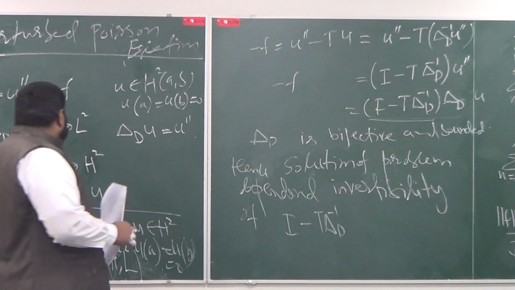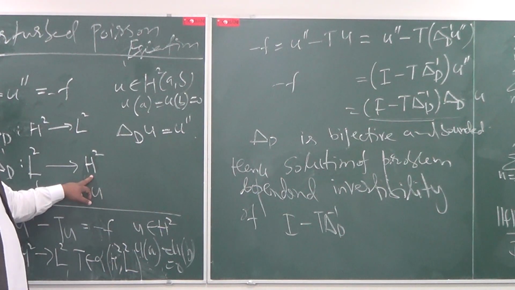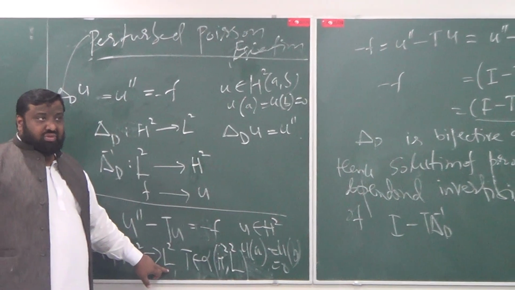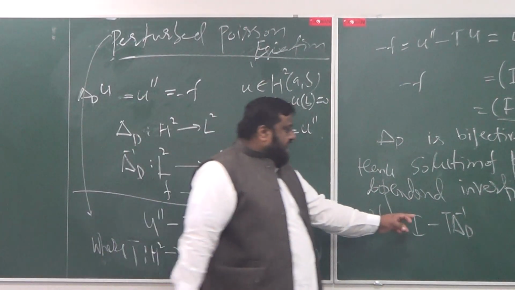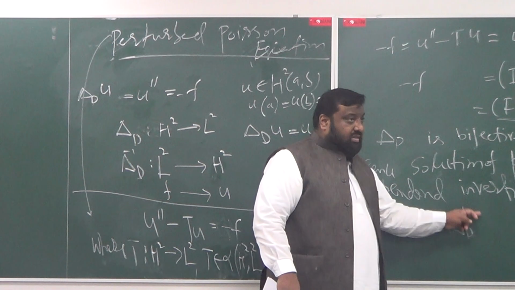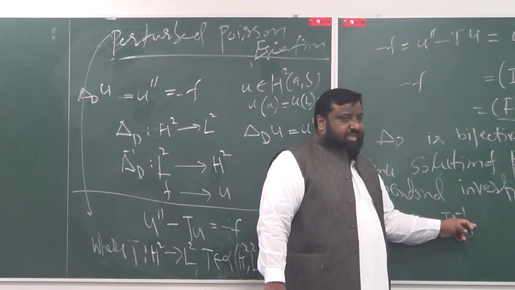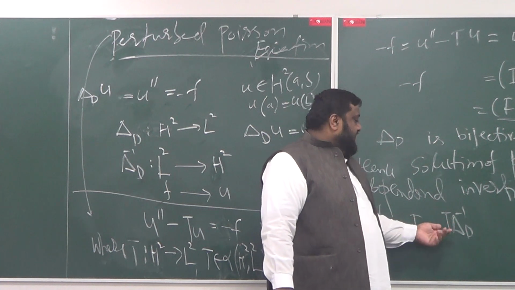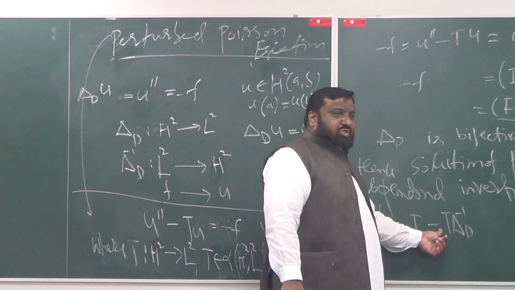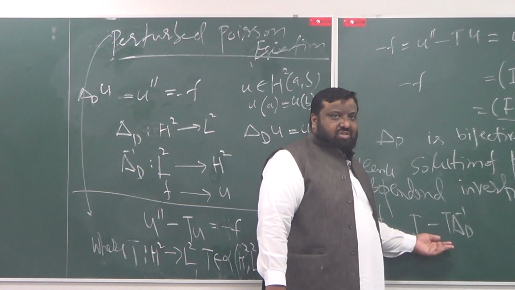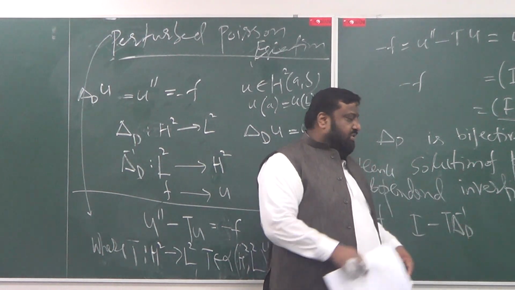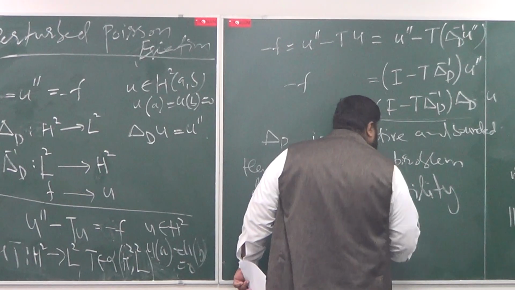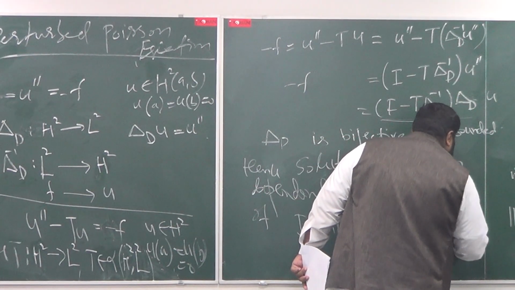Delta d inverse is a map from L2 to H2, and T is again sending from H2 to L2. So this is a linear operator, at least, from L2 to H2. And when you subtract I from it, you still have an operator from L2 to L2, so this is an operator from L2(a,b) to L2(a,b).